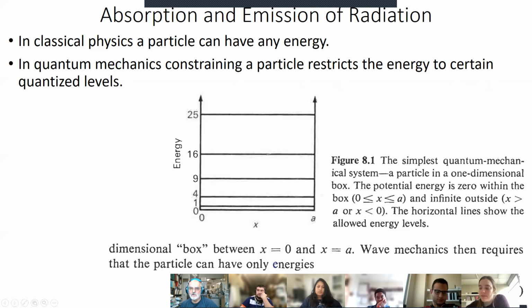The levels correspond to the n factor. Okay, so it's n squared. The h is the Planck's constant we talked about up above. And then it's divided by the mass and a squared, where a is the dimension of the box, okay?